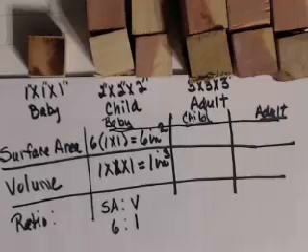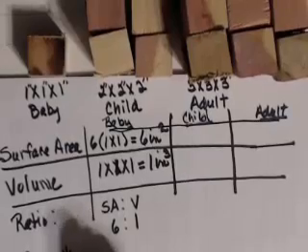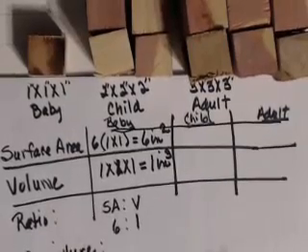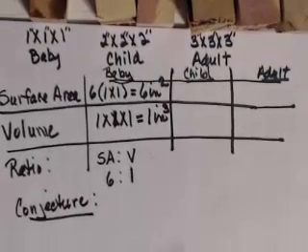So since the skin is the organ of the body that regulates heat, heating and cooling, I want you to come to a conjecture about why it is so much more dangerous for a baby to be left in the car than for a child or an adult, based on the numbers that you get from this example.